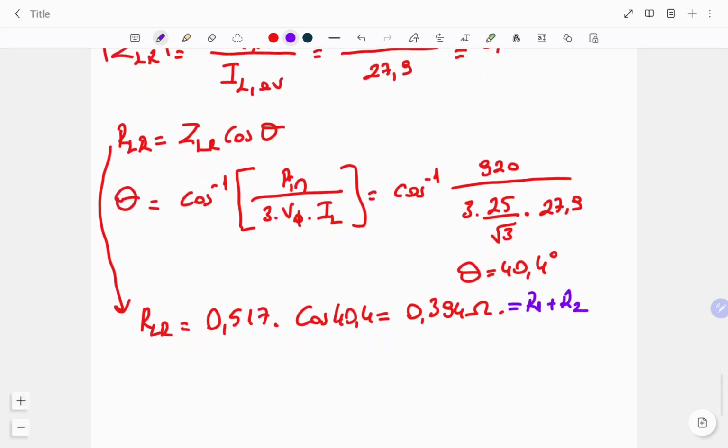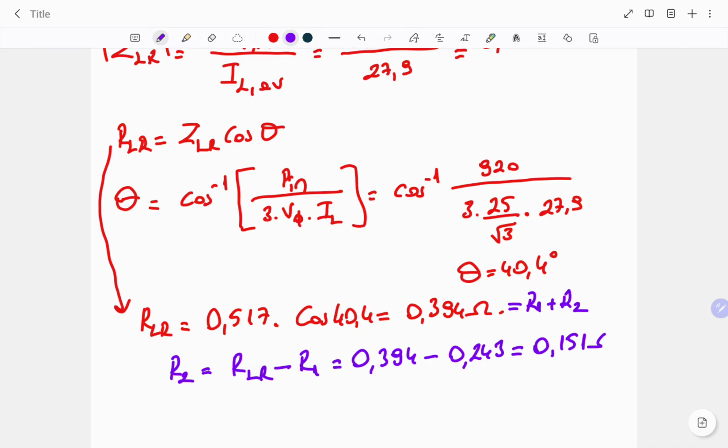We know the value of R1, so from here R2 can be calculated. R2 is R blocked-rotor minus R1: 0.394 minus, as we calculated from the DC test, 0.243 for R1. So R2 is 0.151.